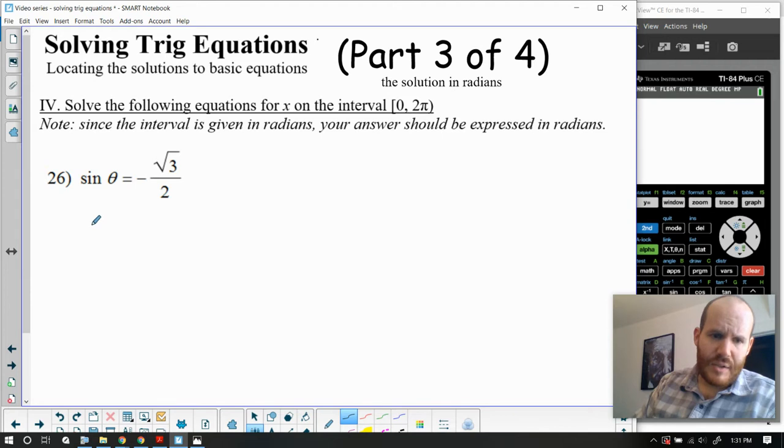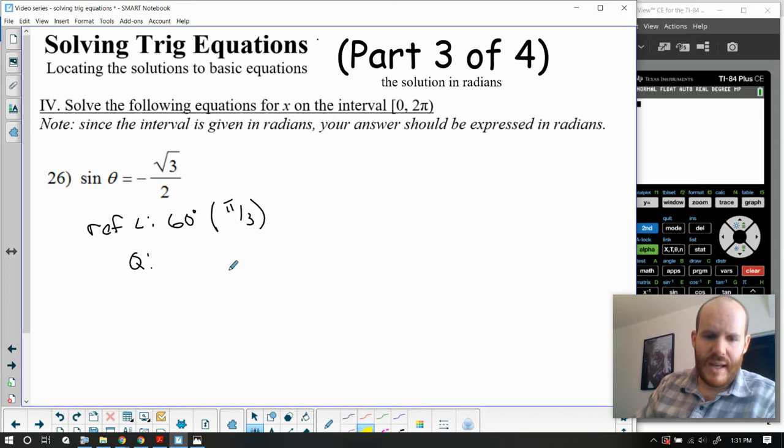To get root 3 over 2, I'm going to need a reference angle for sine of 60 degrees. Because we're in radians, I'm going to reinterpret that as pi over 3 radians. Because I have a negative trig value, the quadrants I deal with will have to be those in which sine is negative.